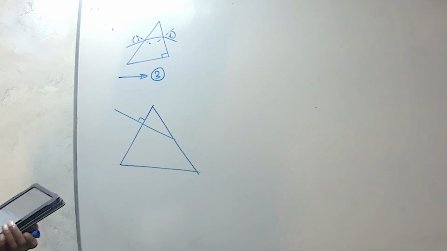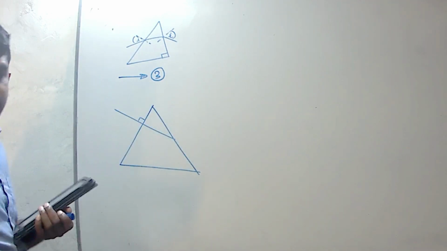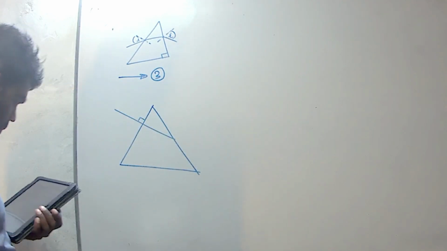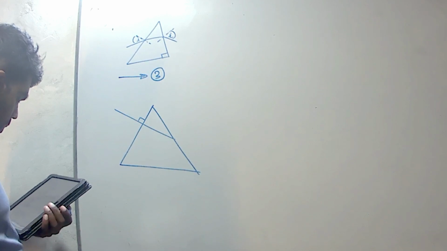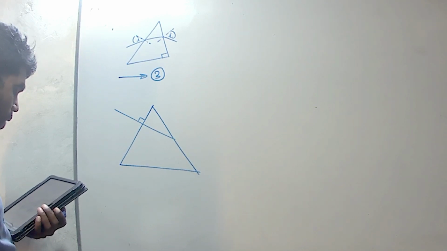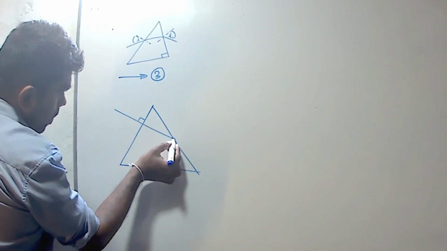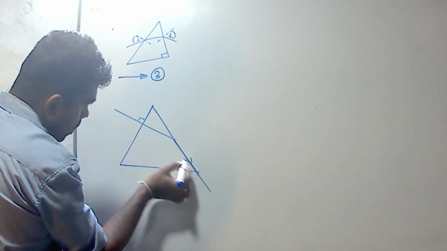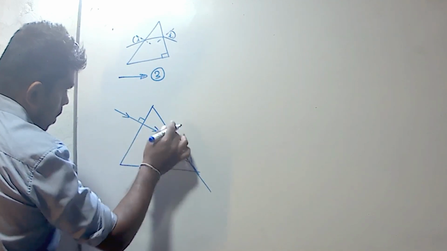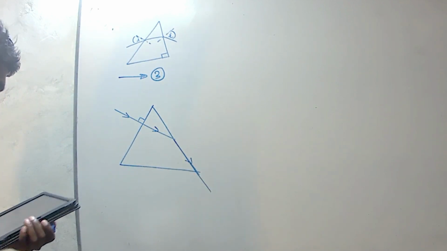The incident ray is perpendicular to the prism surface, and the ray emerges through the face AC, grazing it. It means it should move along the AC surface.